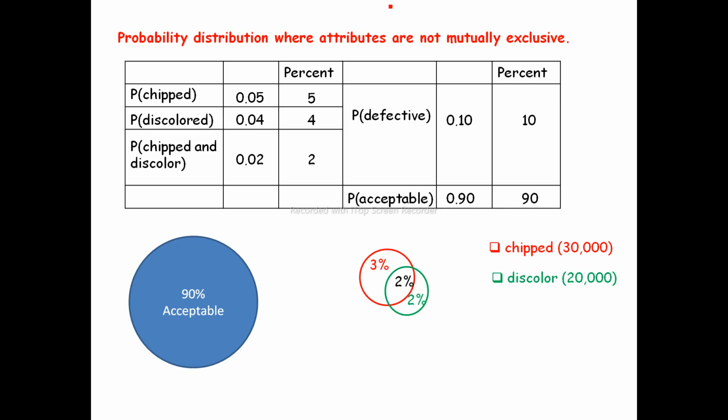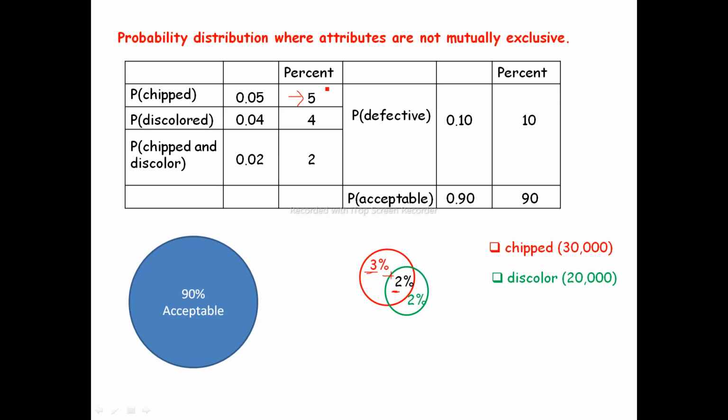Okay, so as you can see in the table over here, chipped is 5%, isn't it? Chipped is 5%, and over here you can see only chipped is 3%. Chipped as well as discolored is 2%. So 3 plus 2 will become 5%.